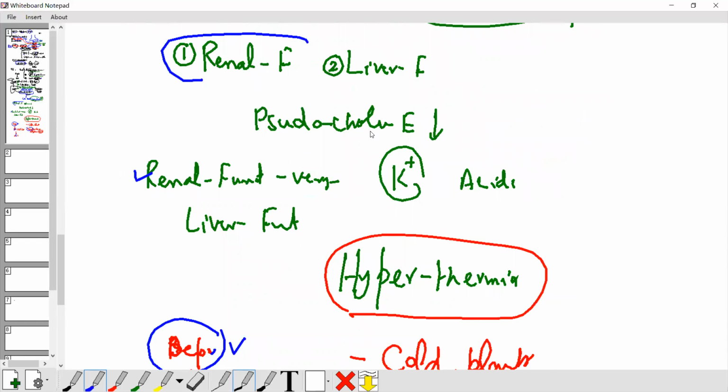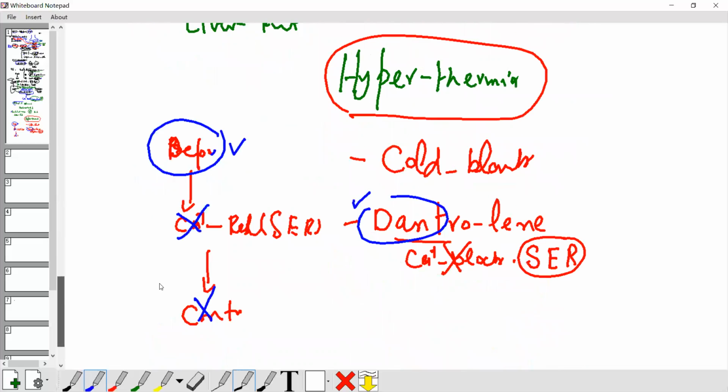Cold blankets, reduce the room temperature, cold ice. And the drug that can control the action of succinylcholine is dantrolene. Dantrolene can block the calcium channel inside the muscle, so the temperature is reduced. Understand?